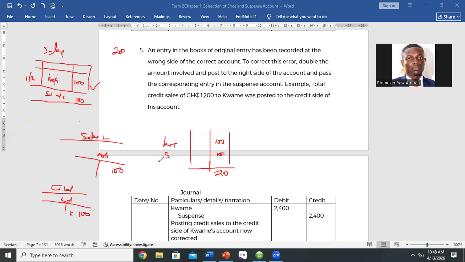So we introduce the suspense account to balance the trial balance, so that we now have a total of 200 at the debit and 200 at the credit. So this is what we'll do. Then we go and investigate, and we find out that when we were posting from the day book, from the book of original entry, we recorded on the wrong side of Kofi's account.